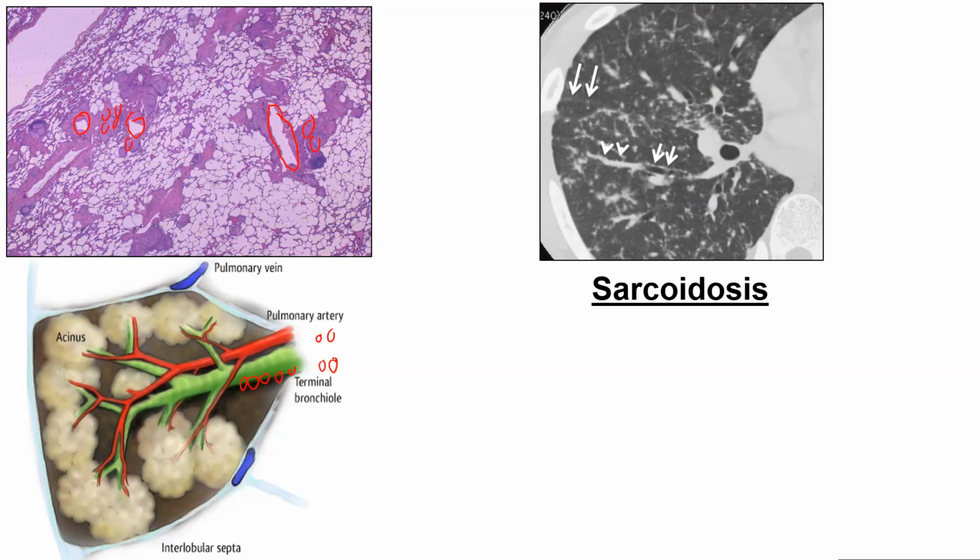What that looks like on CT scan is bronchovascular nodular thickening. So here's the bronchovascular bundle, and you can see these nodules along the bronchovascular bundles, which are actually just small granulomas, which is kind of crazy.